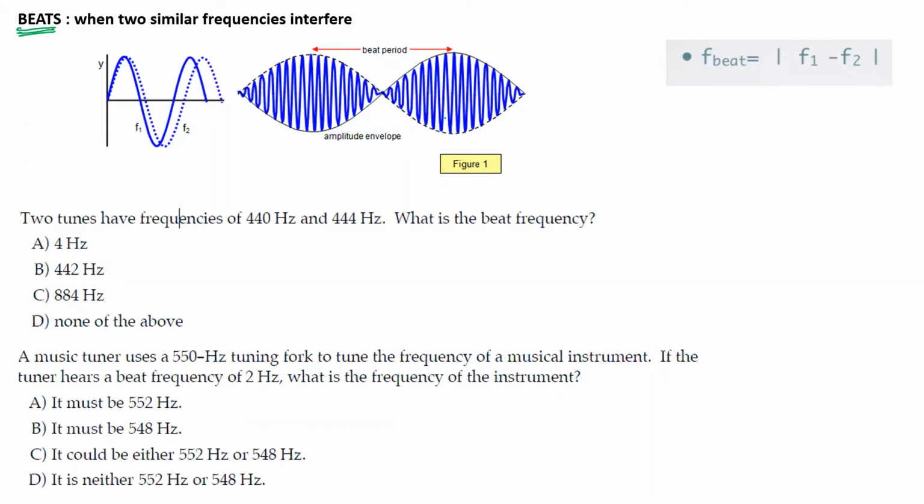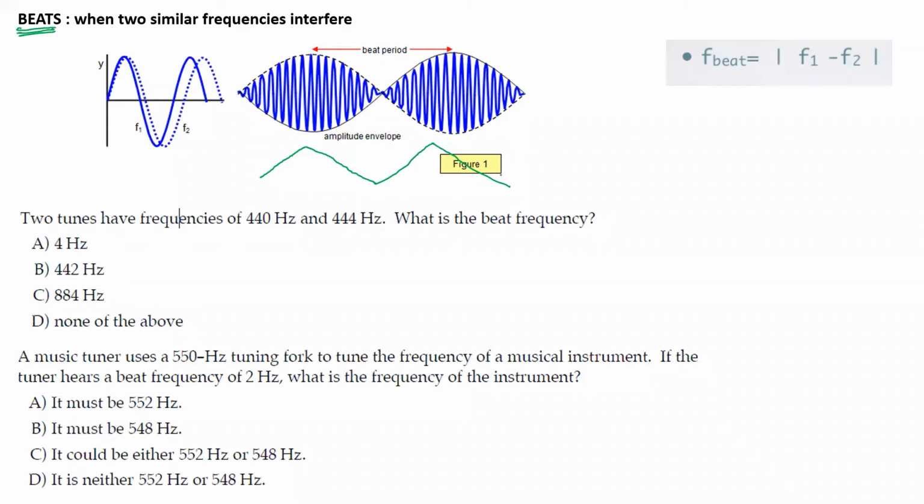When there are two very similar, very close frequencies, they will interfere and make this interference pattern. They look like they have these amplitude envelopes. So you get a sound that increases, then decreases, increases, decreases. So you hear this beat sound.